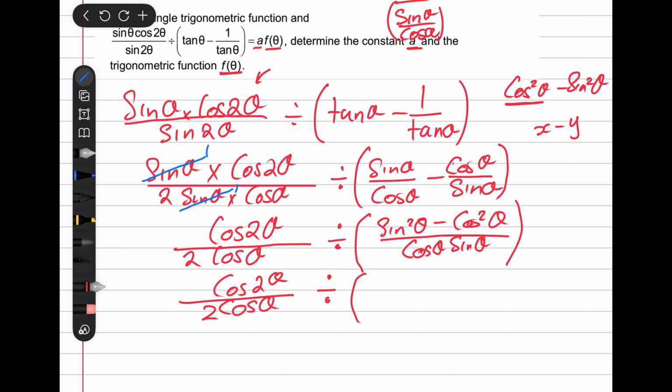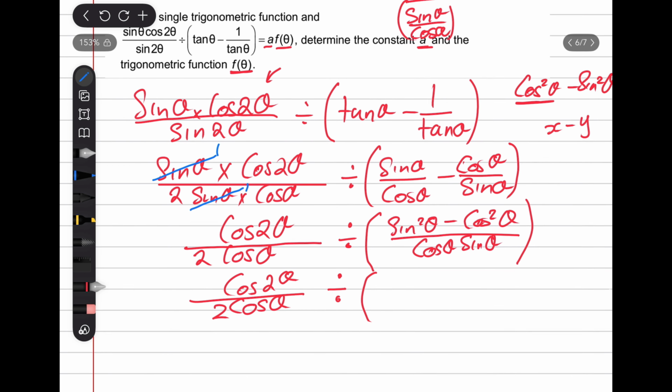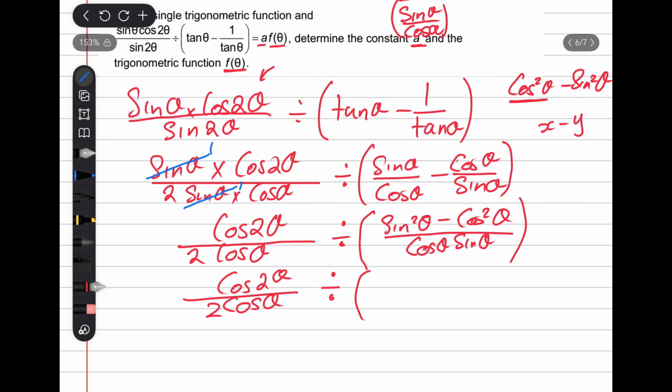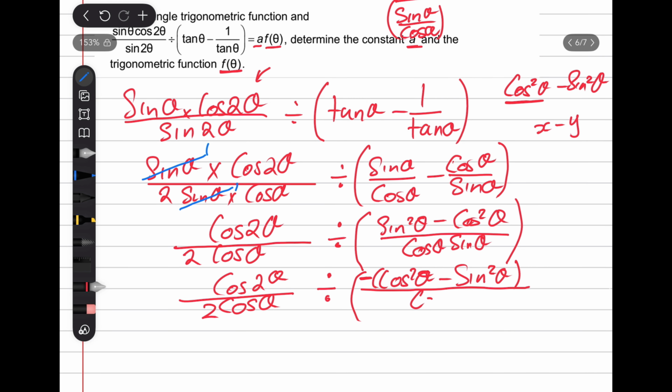We are going to rearrange, we are going to have cos squared theta here minus sine squared theta here. Then we are going to multiply the outside by a negative, all over. What are we going to have? We are going to still have cos theta sine theta, right?